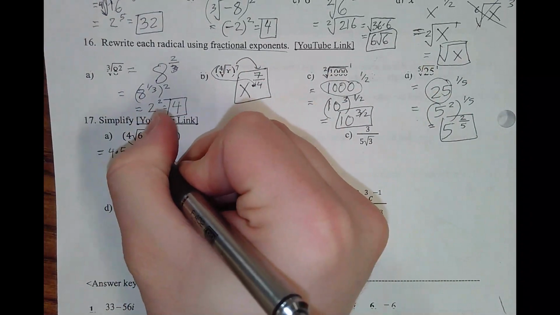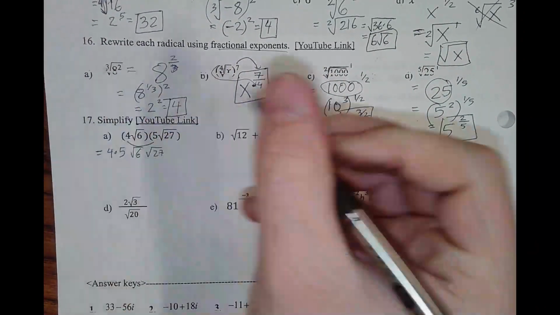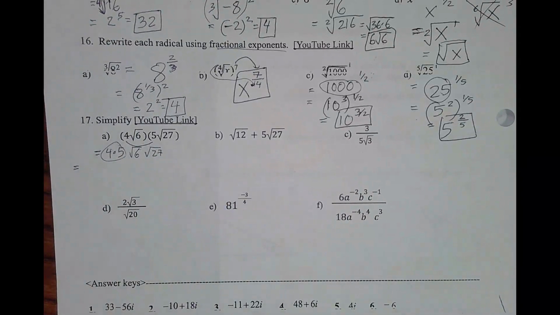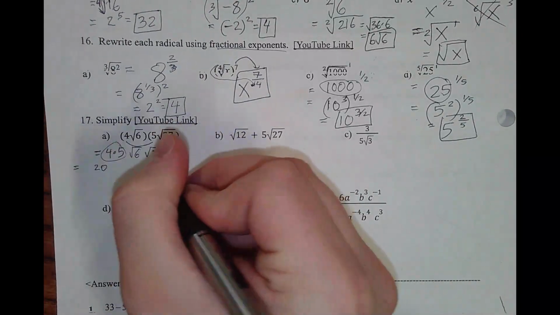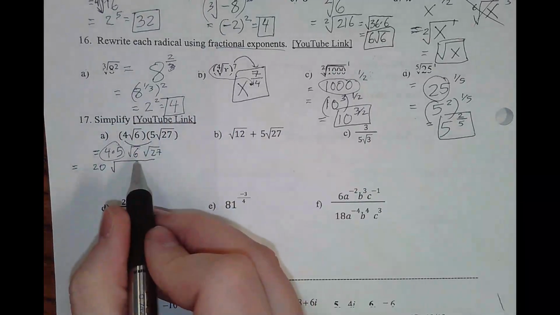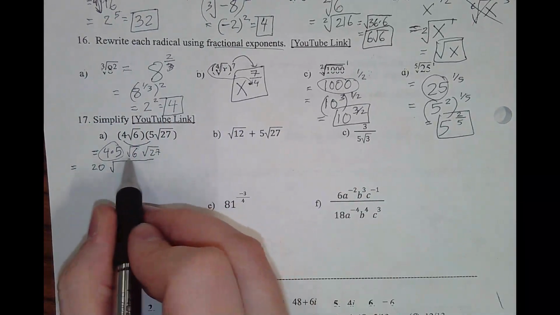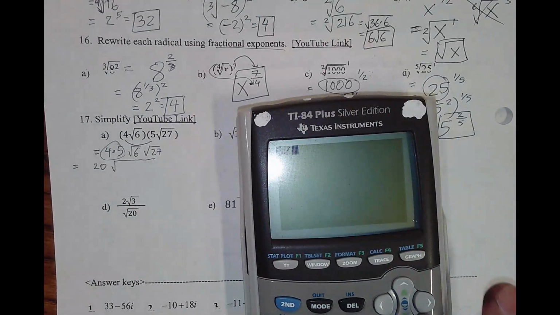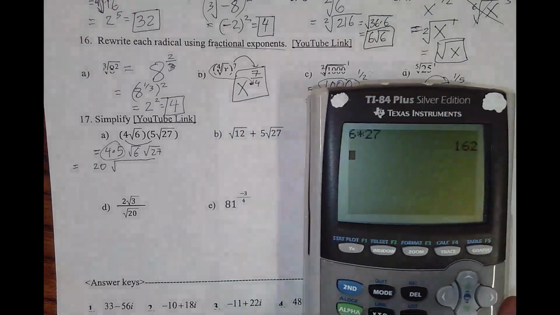Root 6 times root 27. What that gives us is 4 times 5, we know we can combine those two together as 20. And we can combine these two under one square root symbol as well. So 6 times 27. 6 times 27 is 162.